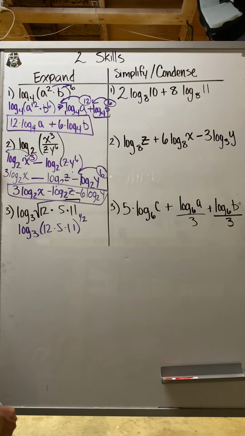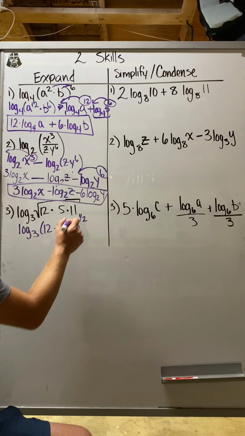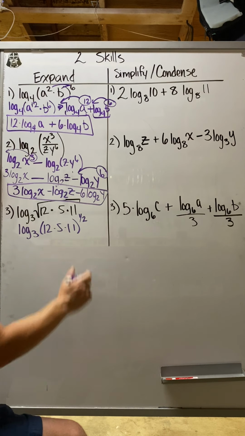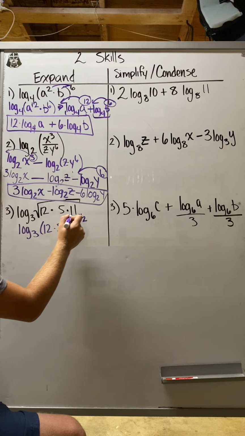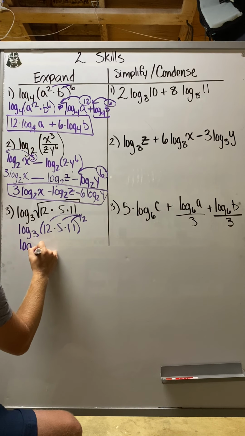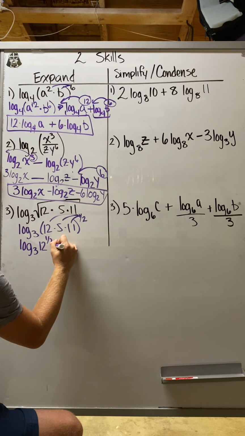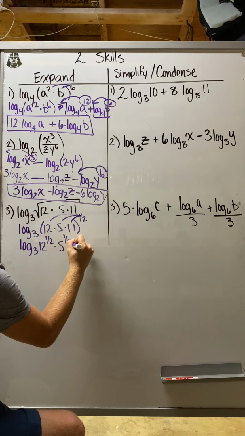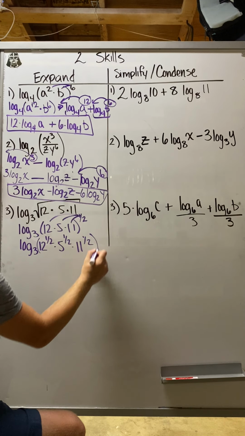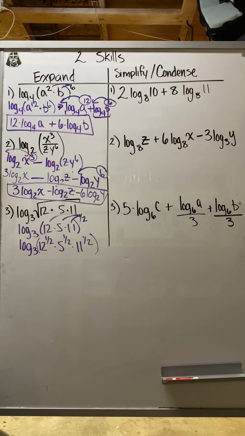Now, you have a couple things you can do here. I like getting rid of the exponents right away. I can show you another way to do it if you want, but I'm going to stick with this. We have not expanded these yet. They all have a power of 1/2 on them, and they're all multiplied together in the same argument.